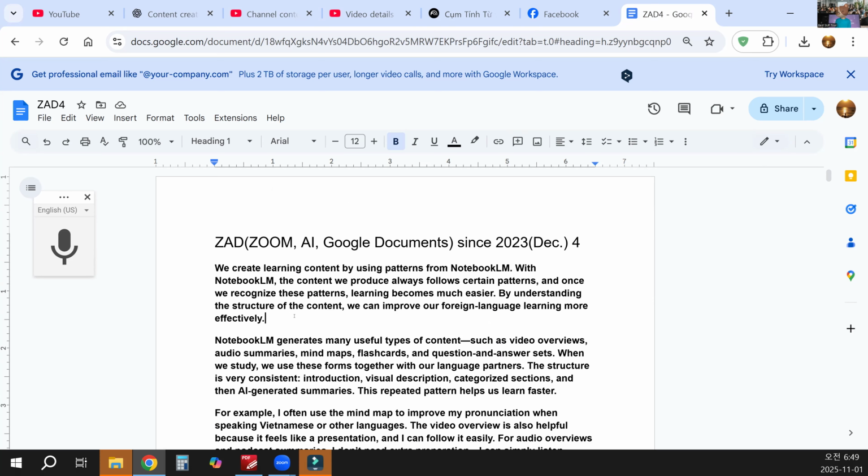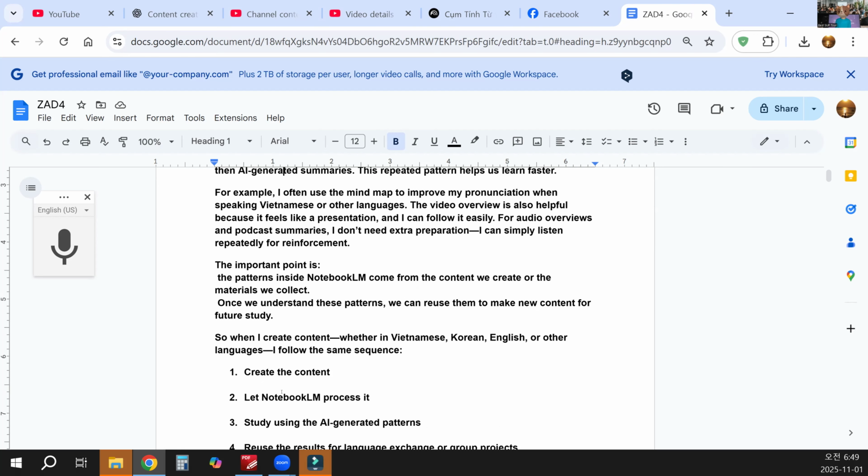NotebookLM generates many useful types of content such as video, audio, summary, mind map, postcard, and question and answer set. When we study, we use these forms together with our language partners. The structure is very consistent: introduction, visual description, category, categorized section, and then the AI generates a summary. This repeated pattern helps us to learn faster.